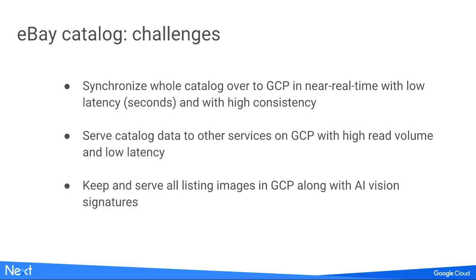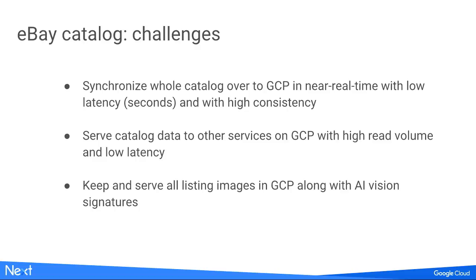So going back to our eBay use case and our challenges. We had to synchronize the catalog over to Google Cloud Platform in near real time with low latency, I'm talking about single seconds of latency, and with high consistency. We also want to serve the catalog data to other services that consume it on the Google Cloud Platform with high read volume and low latency, right?